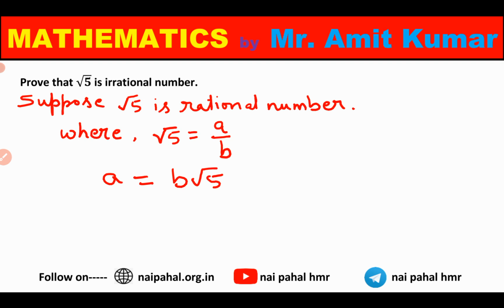Or we can also say that if we square on both sides, then a square is equal to 5 b square. Then we can say that a square is divisible by 5, and as well we can say that a also will be divisible by 5.